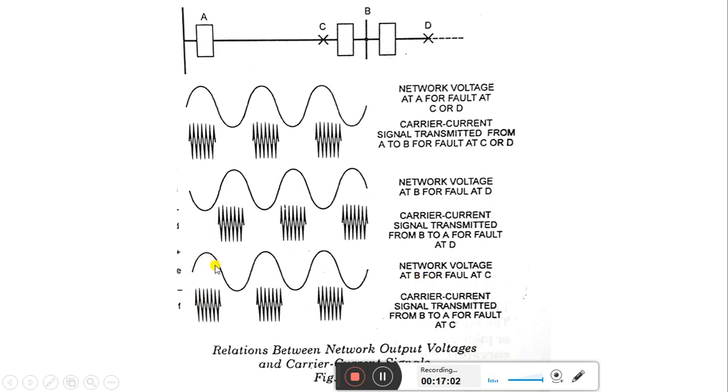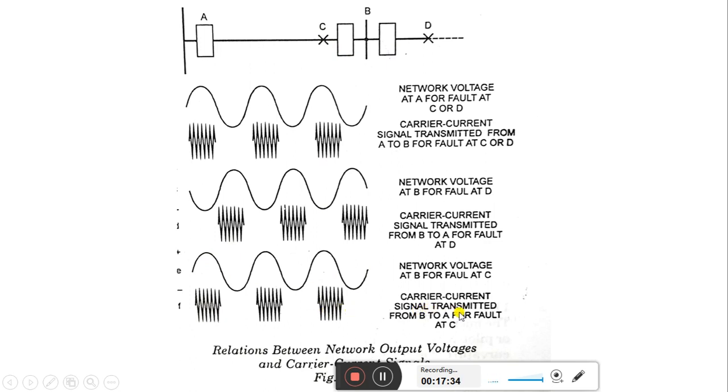This is the network voltage at B. If the fault is inside, then the voltage phase relationship is the same as in the previous case, whether the fault was at C or at D, this voltage was transmitted at end A. The same voltage is available at B for a fault at C.